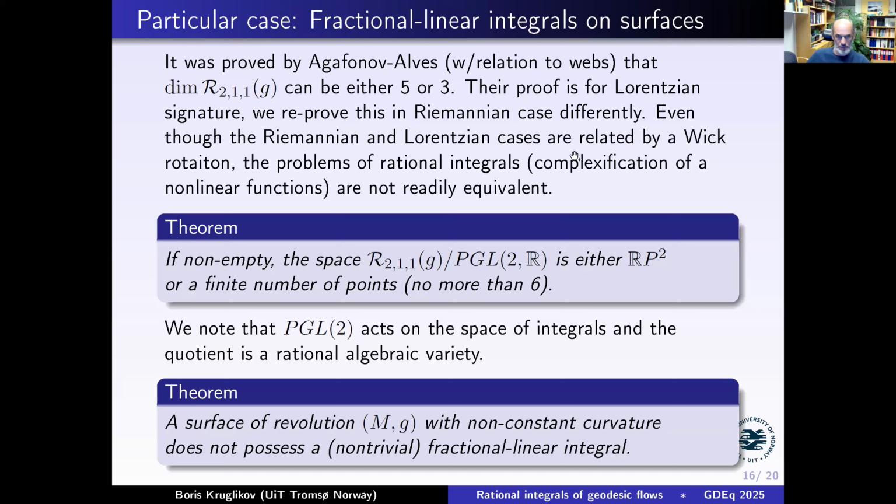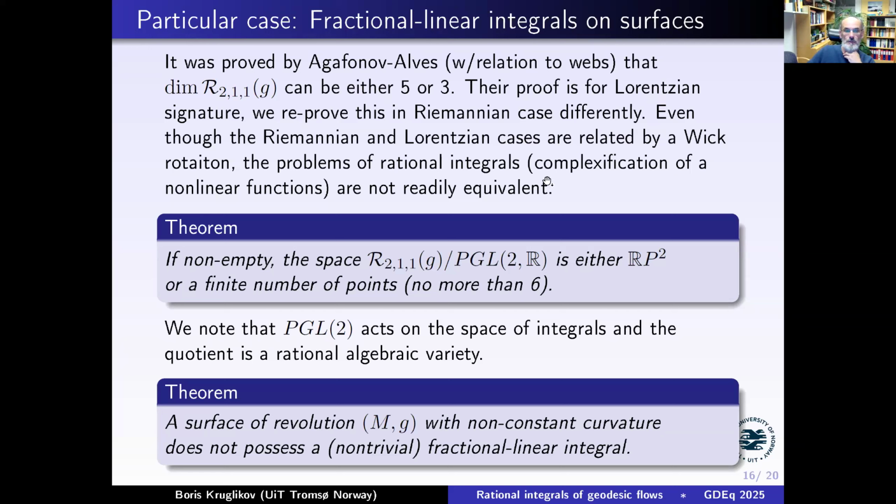Now here it's not working like this, because this equation is nonlinear, and you cannot easily complexify a nonlinear problem. Okay, so formally you cannot deduce Riemannian from Lorentzian by the complexification trick. But anyway, it's true, of course.